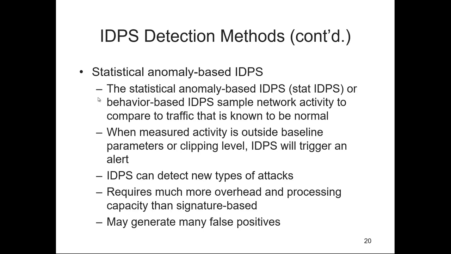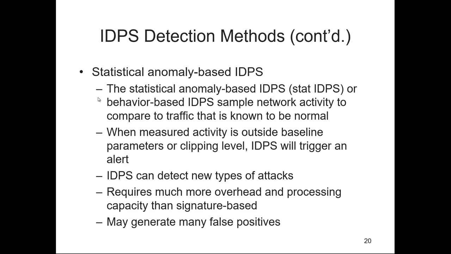When the measured activity is outside the baseline parameter or clipping level, the IDS will trigger an alert to notify the administrator that there is something wrong in the detected pattern. The data measured from the normal traffic and used to prepare the baseline can include variables such as host memory or CPU usage, network packet types, and packet quantities.